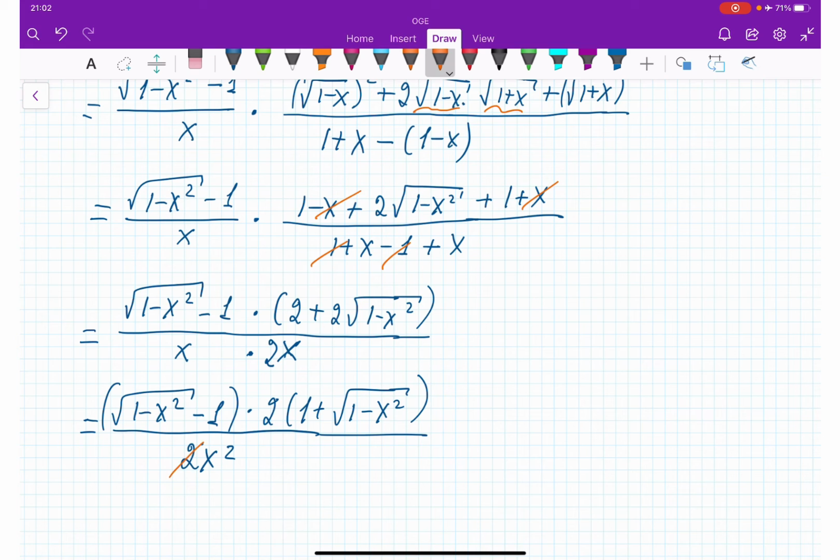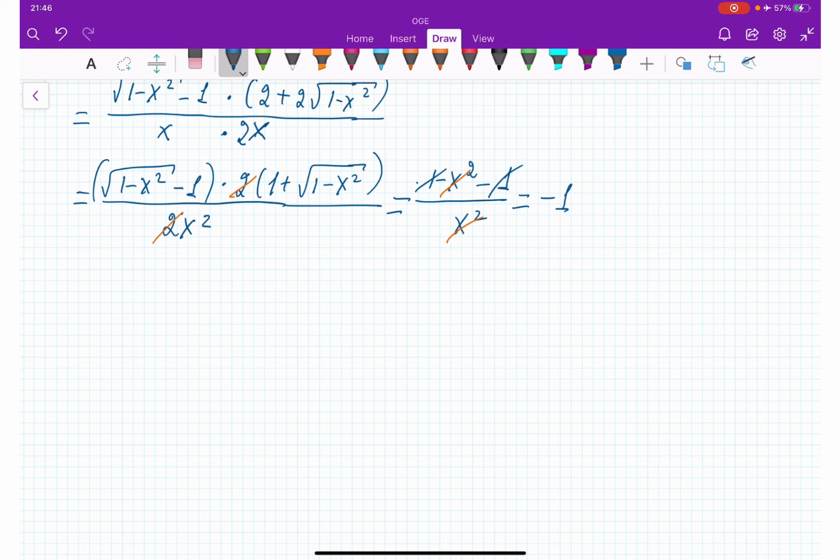So these 2 will be cancelled with these 2. Look what I have. Practically 1 minus x squared minus 1, 1 minus x squared plus 1. So the result is going to be 1 minus x squared and minus 1 over x squared. This is gone, and this is also gone. So the answer is negative 1.